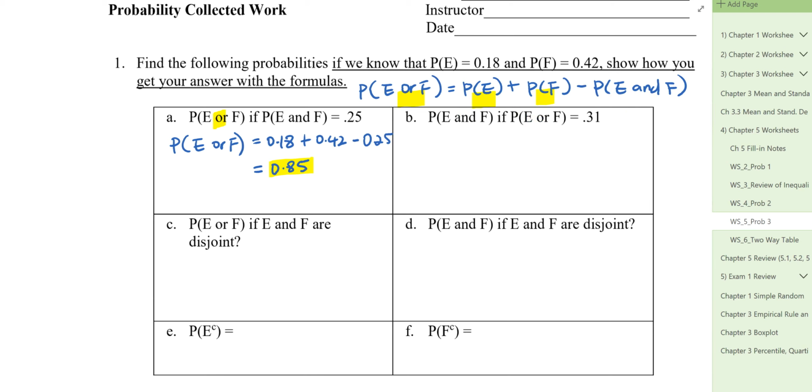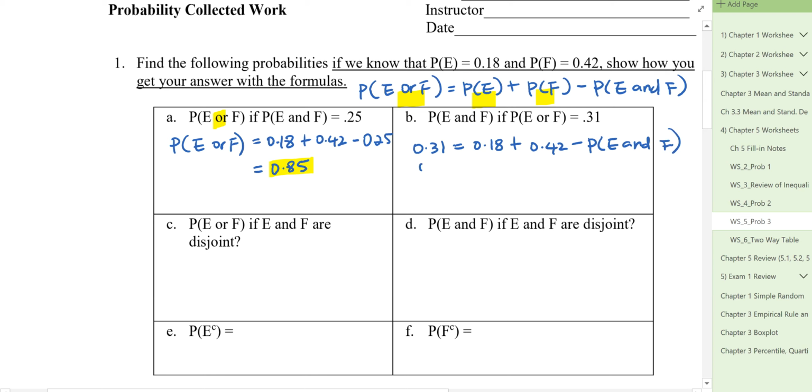So P of E or F is 0.31. I'm using the same formula. It is equal to P of E, which is 0.18, plus P of F, which is 0.42, minus P of E and F, which is the only unknown in this formula.